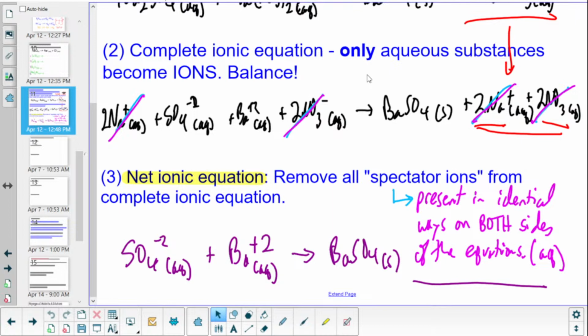Potassium is positive 1. What do we have with sulfate? Calcium nitrate. Where's sulfate?